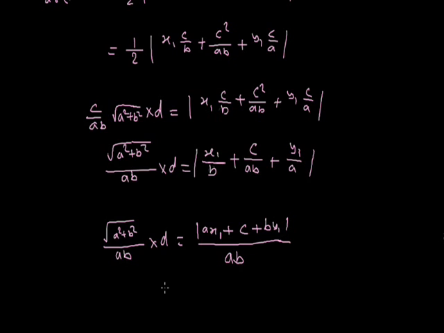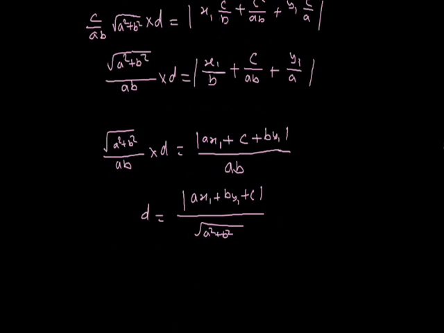So now we can cancel this AB with this AB. So D is equal to mod AX1 plus BY1 plus C upon under root A square plus B square. So it is the distance of a point from a given line.